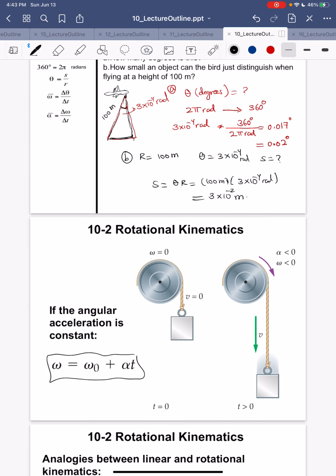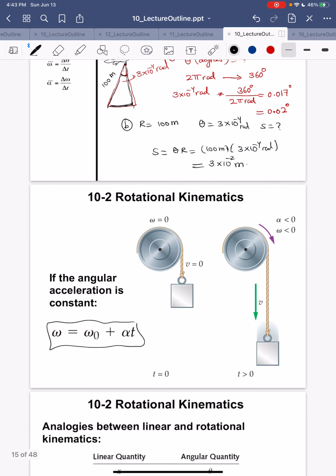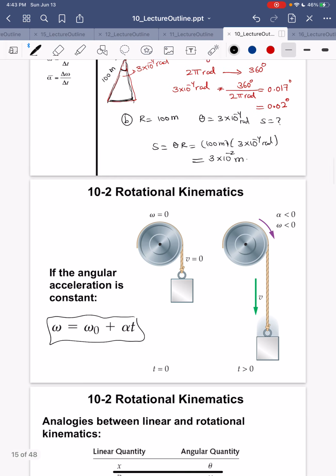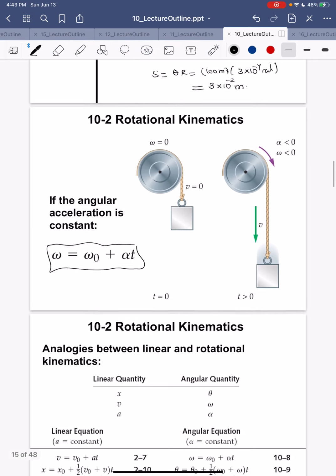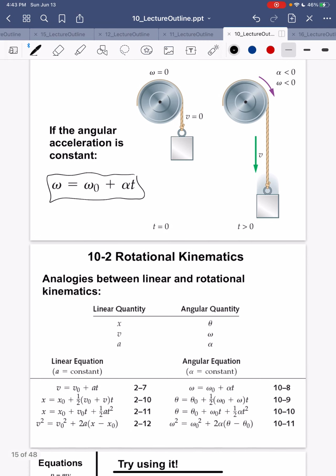In the same way that we dealt with linear motion, we're going to deal here with rotational kinematics, and we are going to introduce the same exact equations that we used before. Every x will be replaced by theta, every v will be replaced by omega, and every a is replaced by alpha.